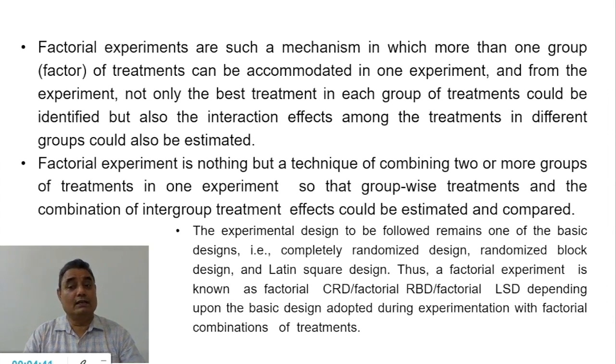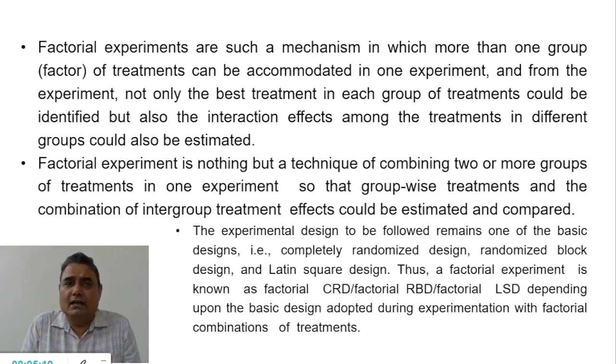Thus, in factorial experiment, they are known as factorial CRD if we are using the randomization scheme of CRD design, factorial RBD if the allotment of treatment to various units is done in accordance with RBD, or factorial LSD, depending upon the basic design adopted during the experimentation with factorial combination of treatment.